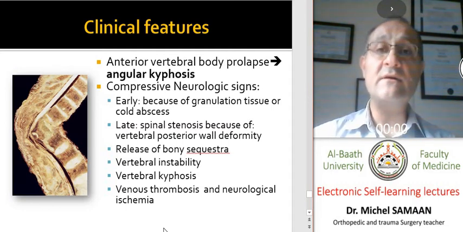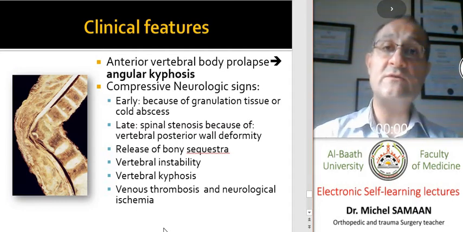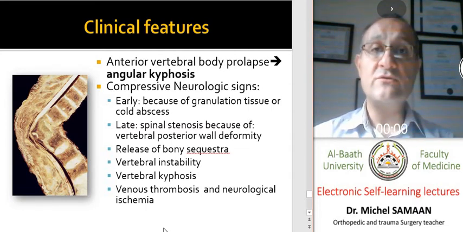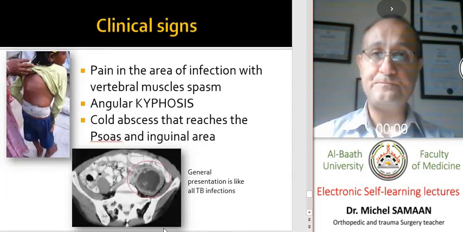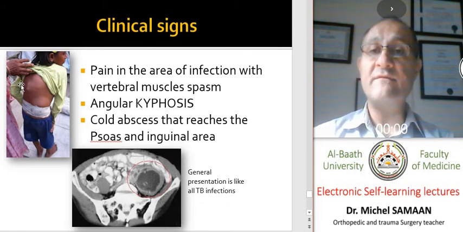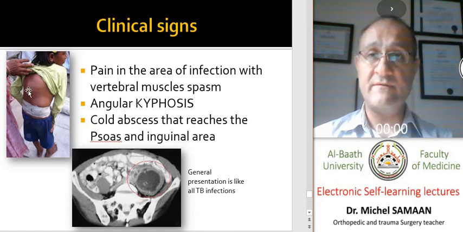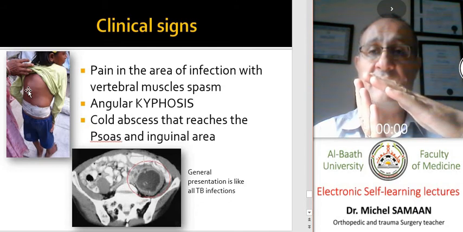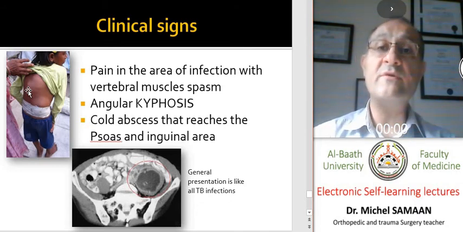So vertebral tuberculosis is a very important situation that we should identify and treat because it may cause neurological deficits. Usually the pain is at the site of infection, and we have angular kyphosis because of the wedge-shaped anterior collapse of the vertebral body.